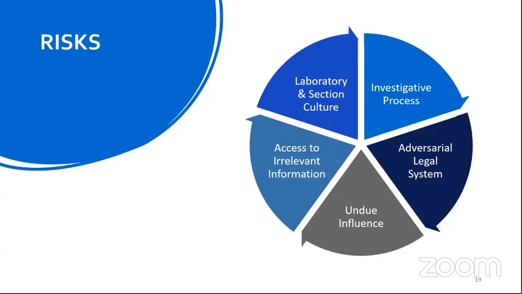Our adversarial legal system doesn't help with us mitigating those risks. Often in a court of law, we have prosecutors and defense attorneys proposing alternate hypotheses, and obviously it's adversarial because that's the system that we have, but it can get really heated.